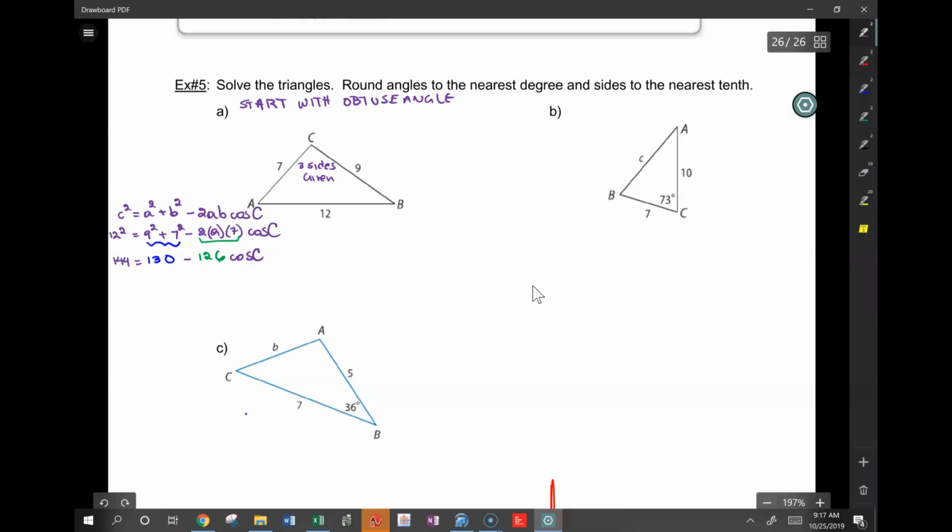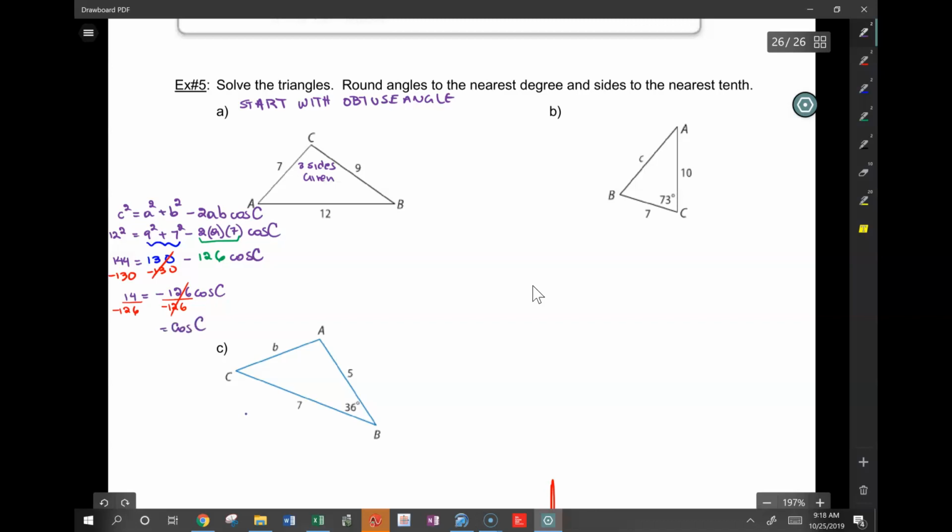Okay. Now, I need to solve for C here. So first, I'm going to subtract 130. So 14 is equal to negative 126 cosine C. What now? Divide by negative 126, divide by negative 126.